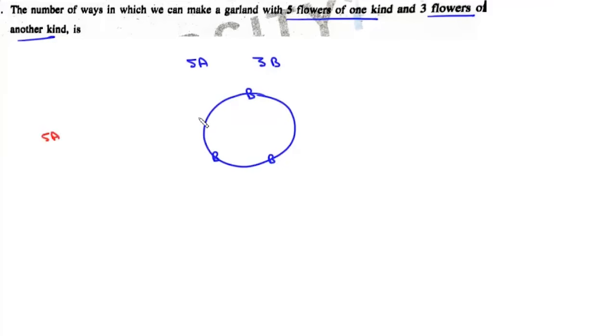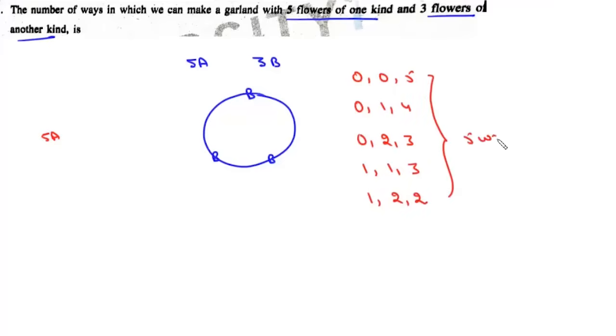We can distribute these 5 A's as 0, 0, 5; 0, 1, 4; 0, 2, 3; 1, 1, 3; 1, 2, 2, which are a total of 5 ways. So the number of ways of forming this garland is simply 5, and that is the answer to this question.